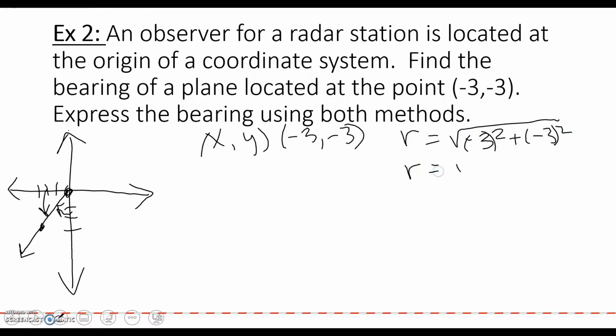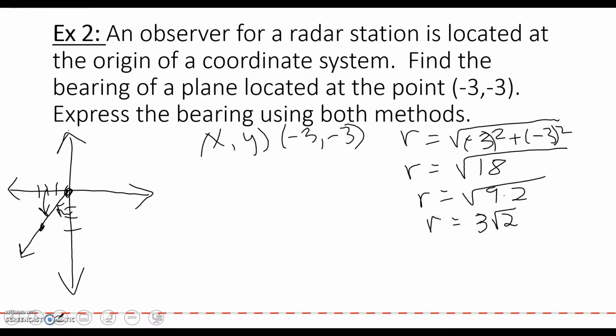So R is equal to the square root of 9 plus 9, which is 18. And remember, you always have to check to see if it can simplify any. And 18 is the square root of 9 times 2. So R is equal to 3 square roots of 2, because the square root of 9 is 3.